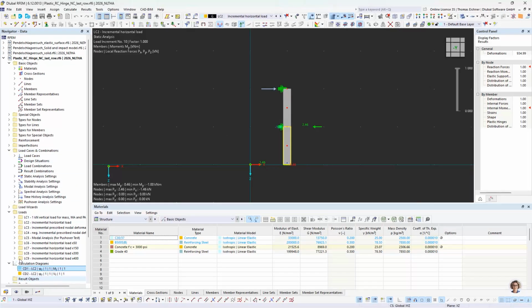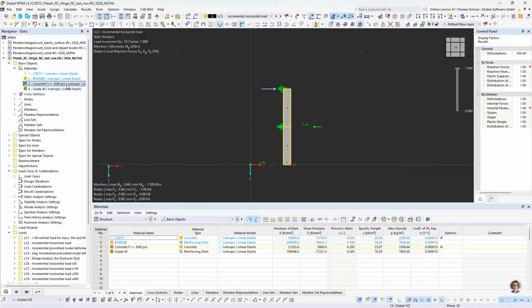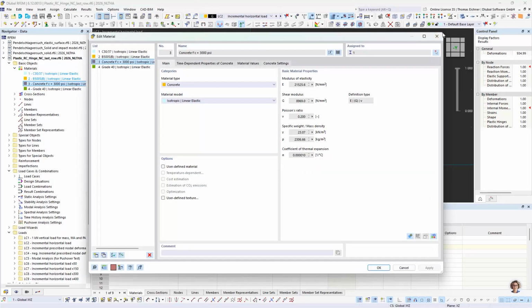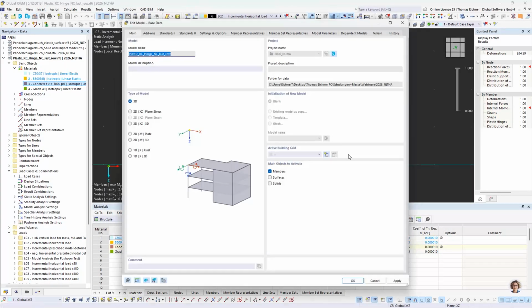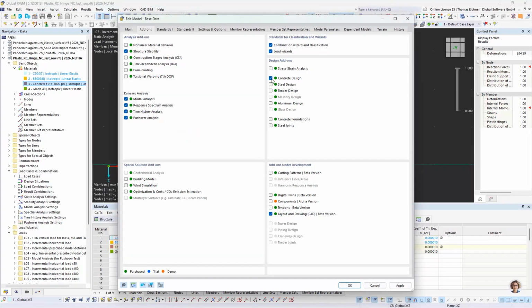One more thing is, it's working for multiple materials. So in this case, we used the ACI standard. Let's go for based at a concrete design. You will always need to have the concrete design add-on active and either the time history or pushover analysis add-on active. These are the requirements for those hinges.